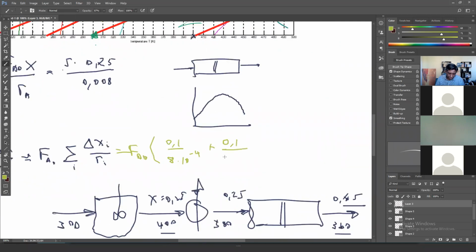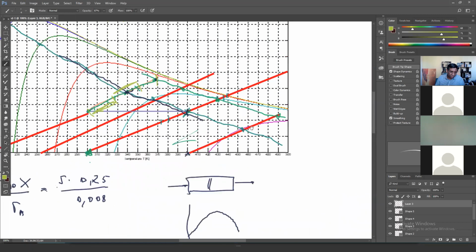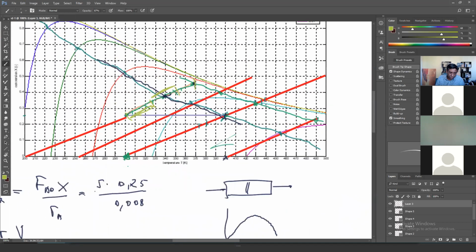Let's just call it 9 times 10 to the minus 4, plus the other one, which looks a bit smaller. This delta X is more like 0.05 or something.